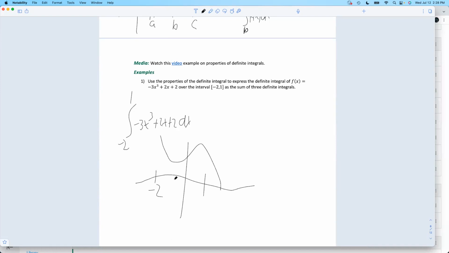So I could do -2 to -1. Here's region number 1, dx, plus maybe -1 to 0. Call this region 2 here.